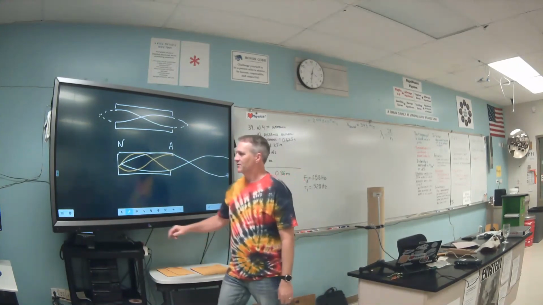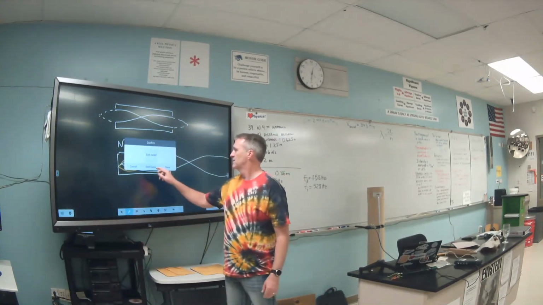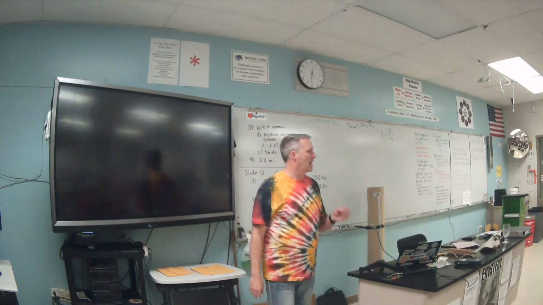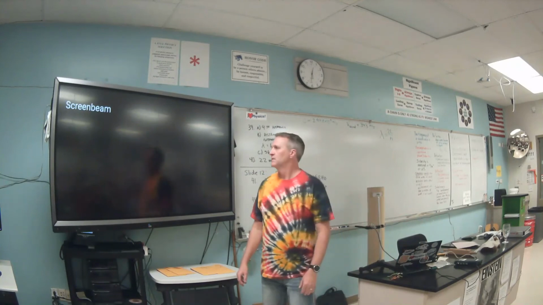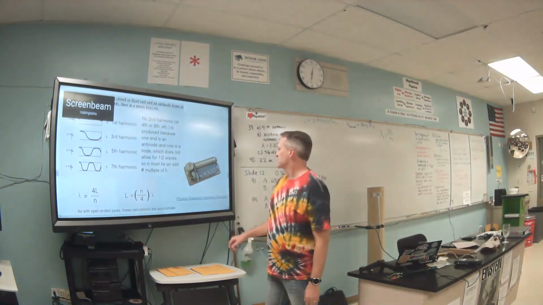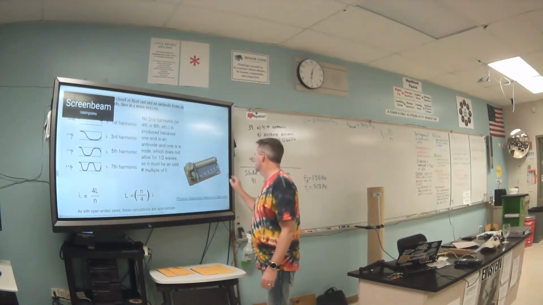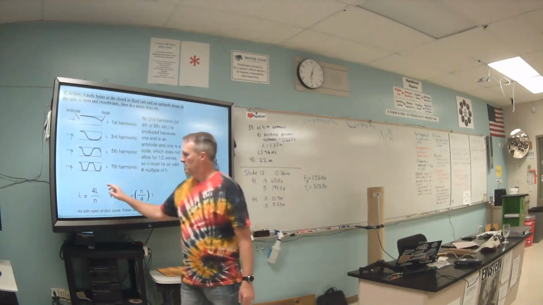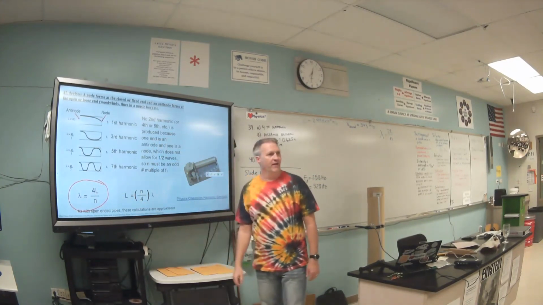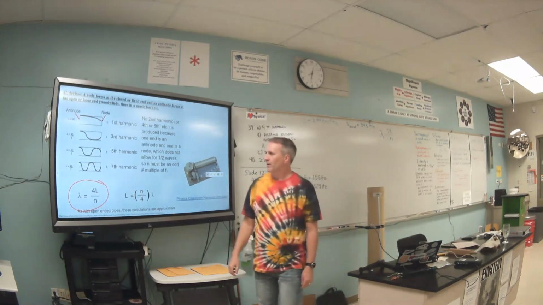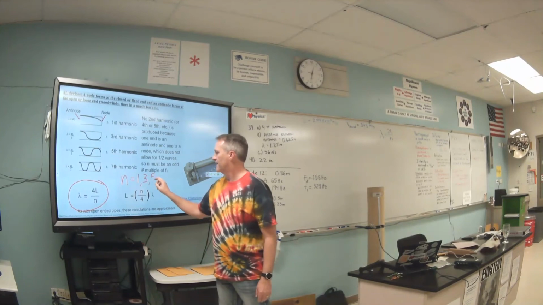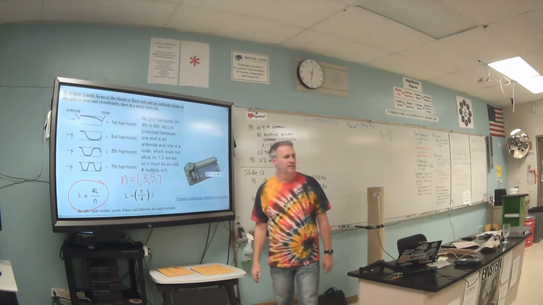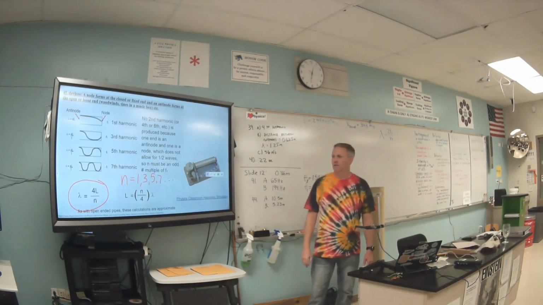One thing that's really interesting about a 4L device is that you only get odd harmonics inside. You don't get the even harmonics. So this equation that I'm showing you in the notes, to find the wavelength, it would be 4L over N, but N can only be odd numbers: 1, 3, 5, 7, etc. Okay?